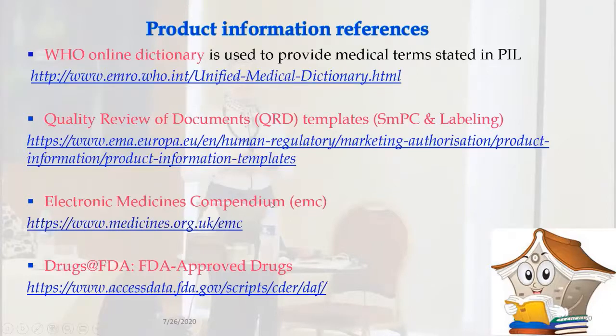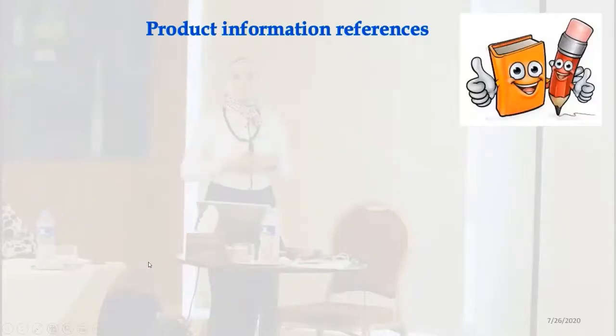When we prepare the PIL and SmPC, we can use the EMC website, Electronic Medicines Compendium, in order to get the appropriate information to compile and prepare the PIL and SmPC. And as well, we can refer to the labeling data of the FDA approved drugs.